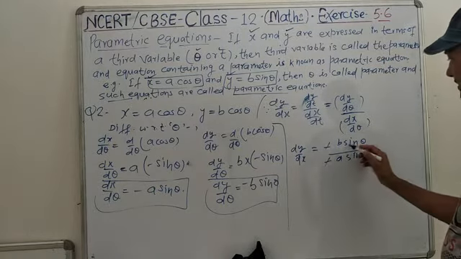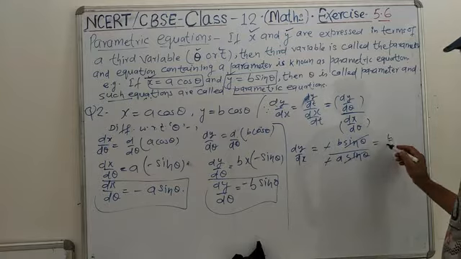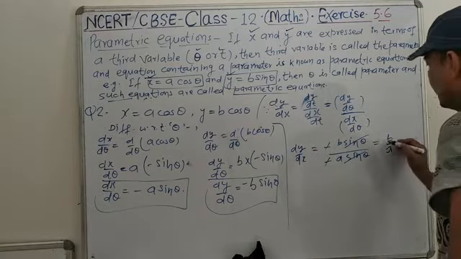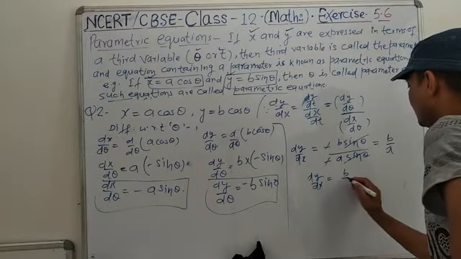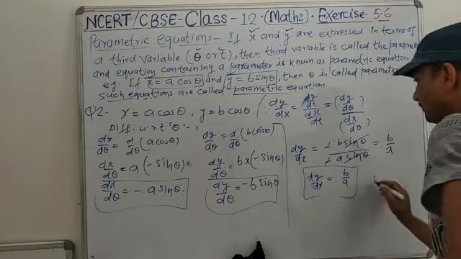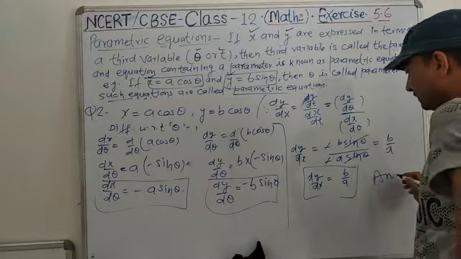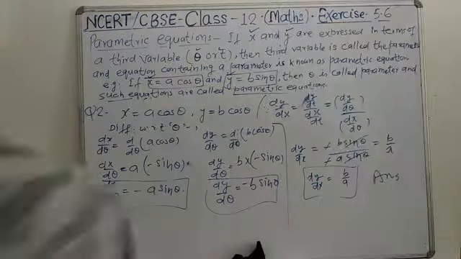Minus minus cancels, sin theta cancels, b by a. So our required solution is dy by dx is equal to b by a. It is the answer. It was the solution of question number 2.